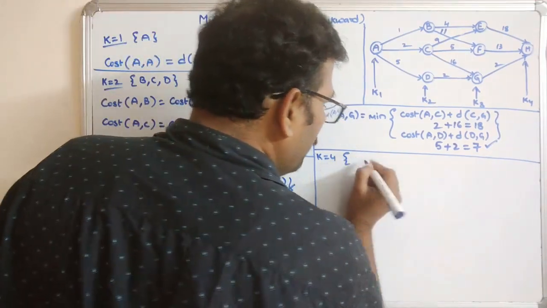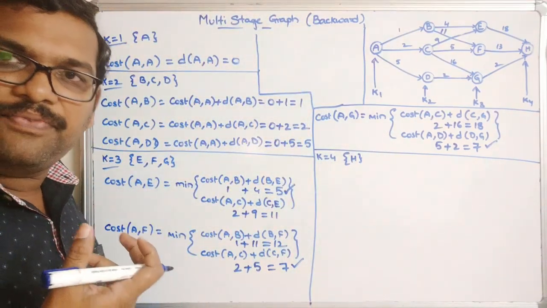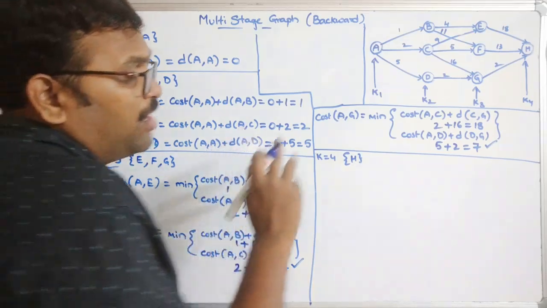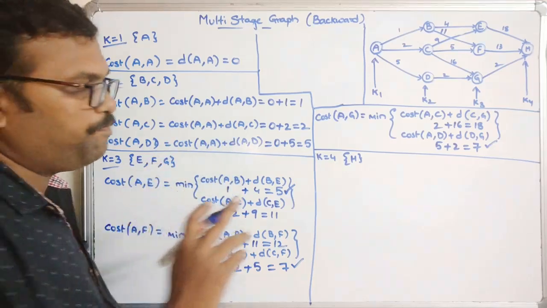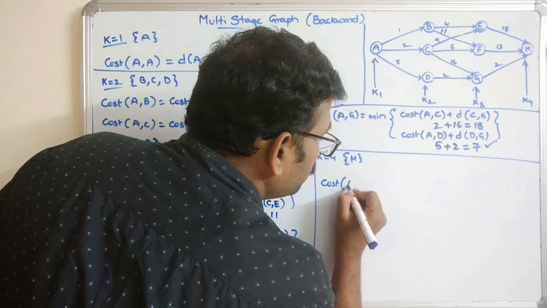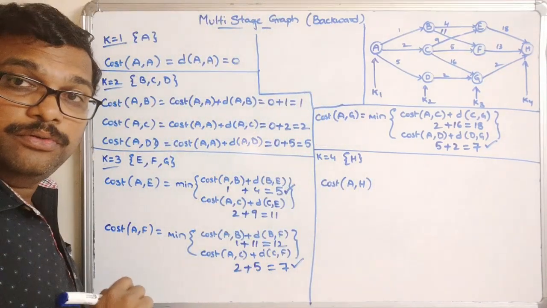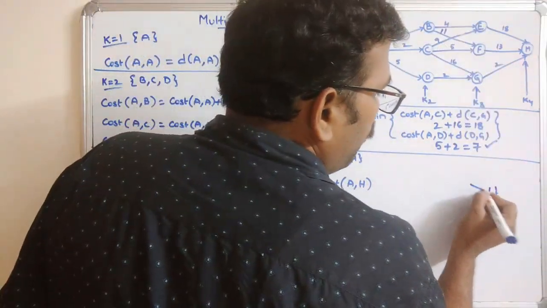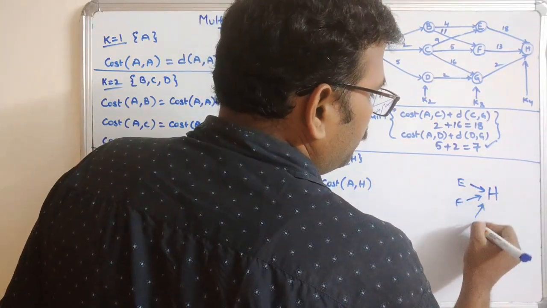Here we have only one vertex, that is H. One constraint in a multi-stage graph is that there should be only one source and one destination. So if any stage has only one vertex, that will be the destination. Now we need to find the cost of source to destination. In order to go to H, what are the incoming edges? You can see one is from E, another one is from F, another one is from G.